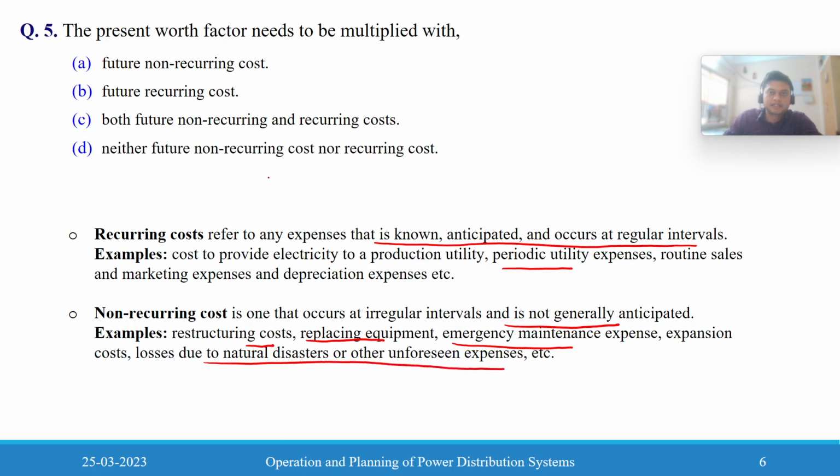So in this formula for future worth and present worth, both costs are added up. So we need to multiply it with both future non-recurring and recurring costs. So C is the correct answer.